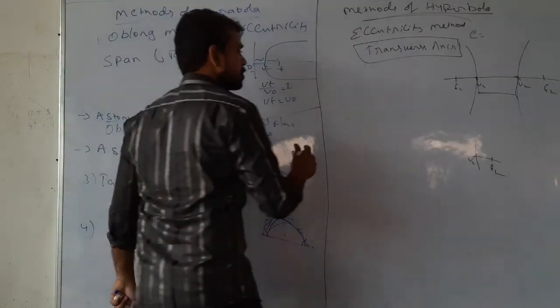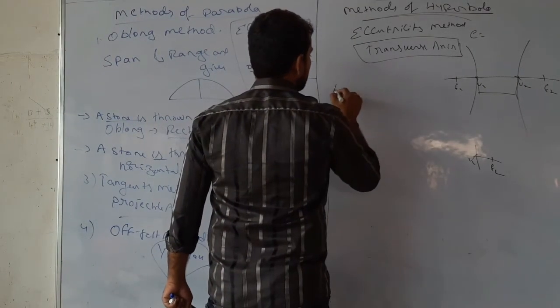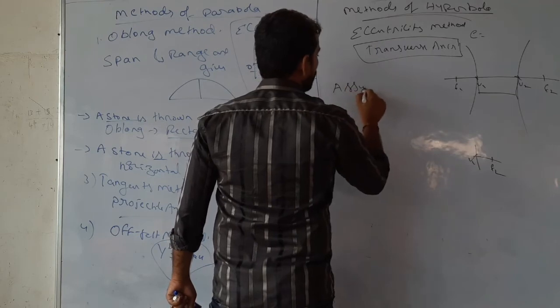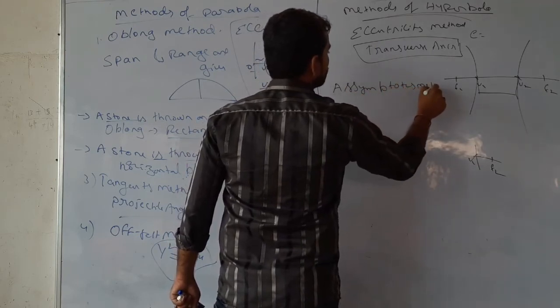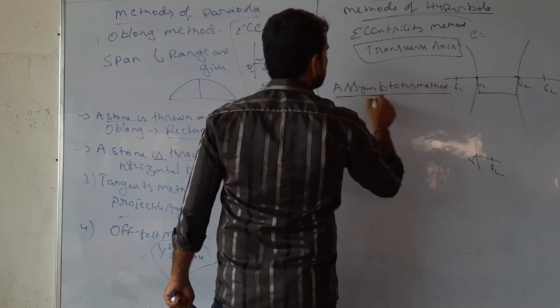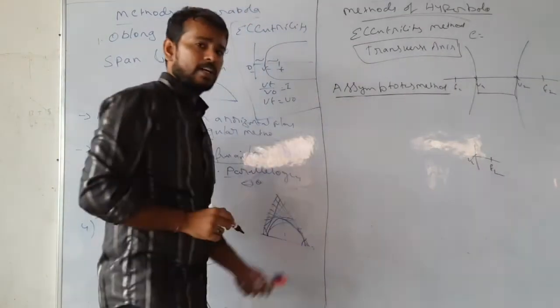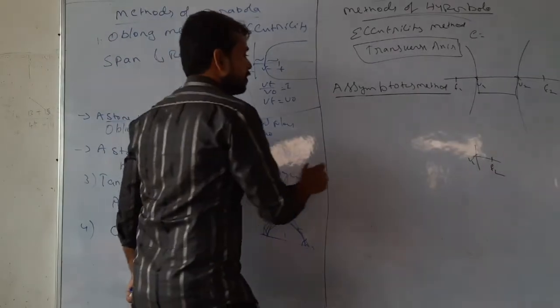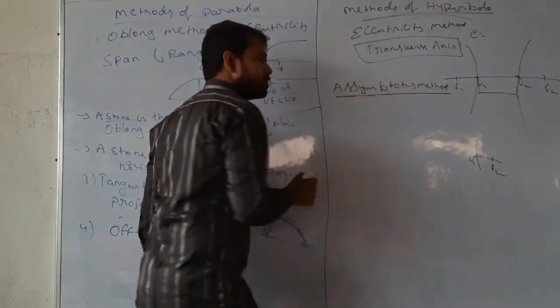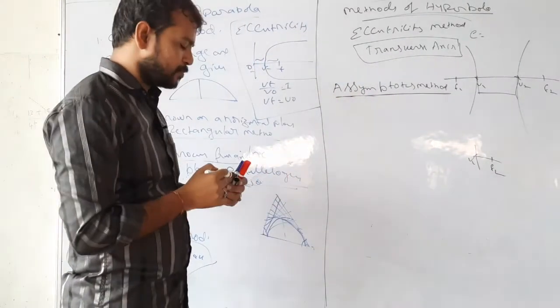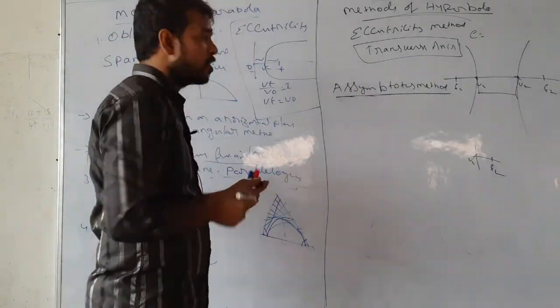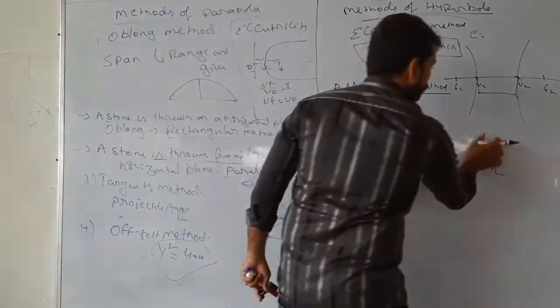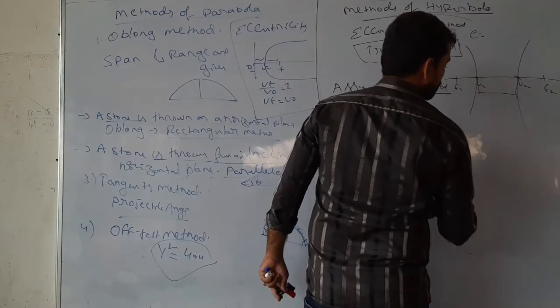And what are the other methods? The next one, the most important, is the asymptotes method. First of all, let me tell you what these asymptotes are. They will be there for the parabola also, and for the hyperbola.